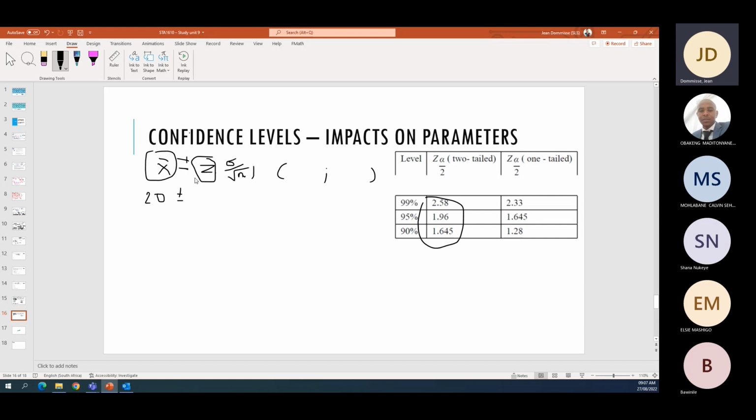Now we don't worry about the Z. We know what that influence is. So let's look at your standard deviation. Again, I just want to use simple numbers. If my Z was originally 1, my standard deviation was originally 5, and my n was originally 25, I'm just making it very easy for myself here.